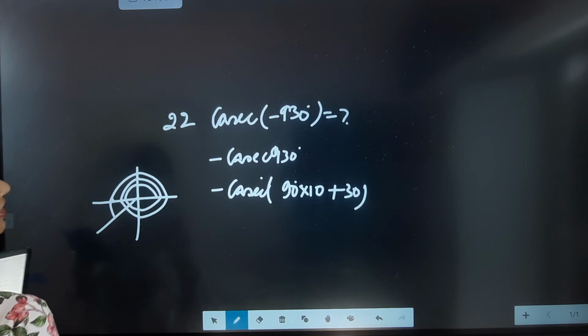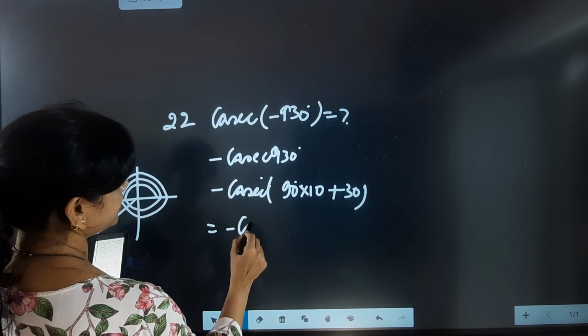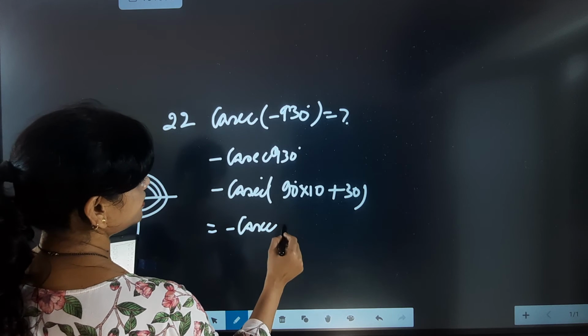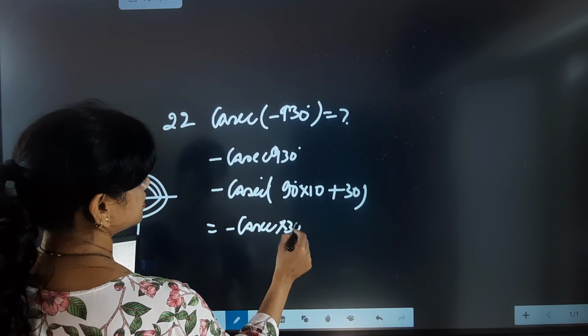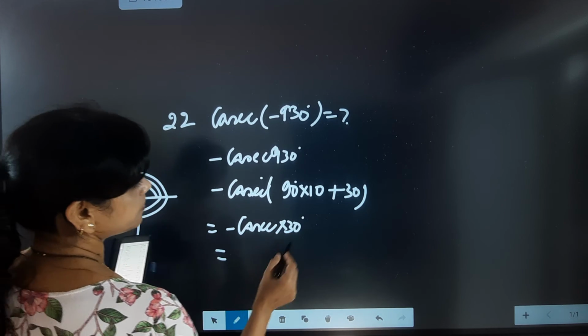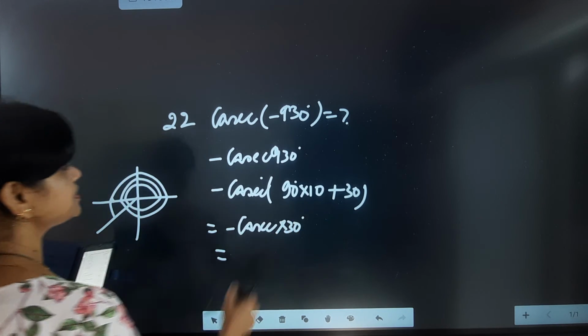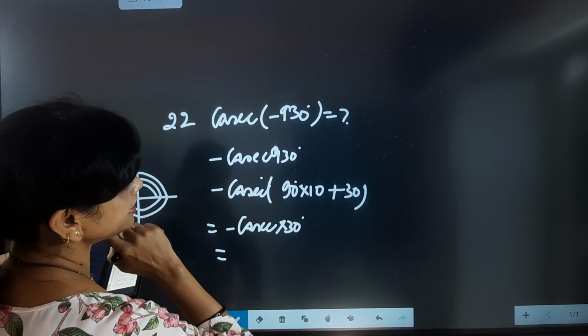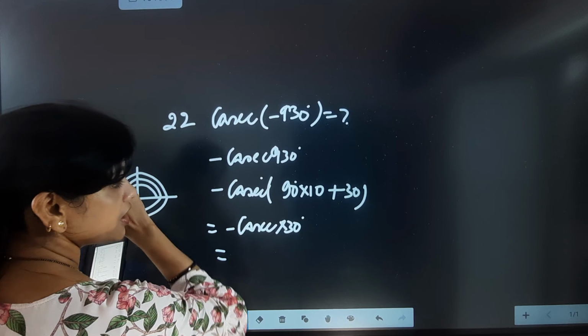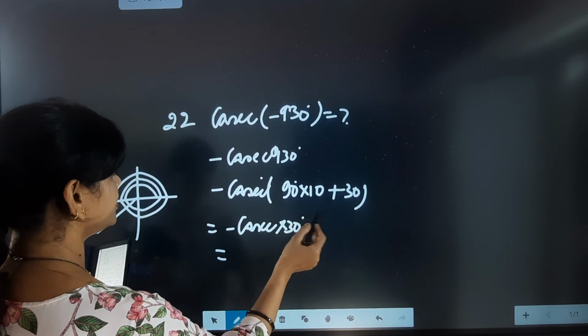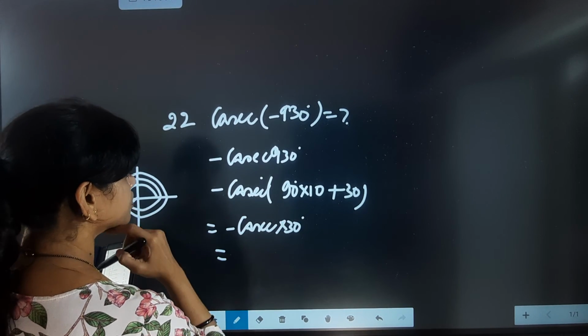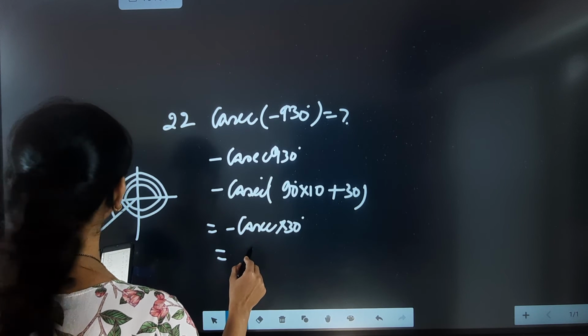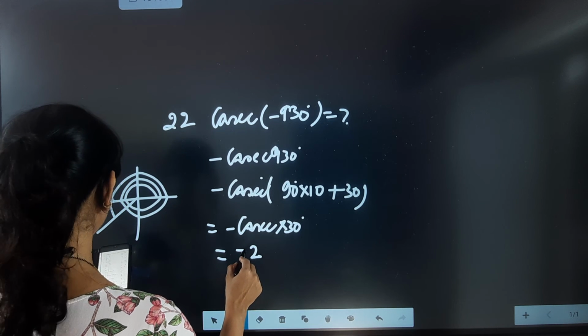30 degree means coming in third quadrant. So here minus cosecant 30 degree. Cosecant 90 degree plus theta is second quadrant only, so we need not worry about that. Cosecant 30 degree is exactly going to be 2, so minus 2. Let's check this.